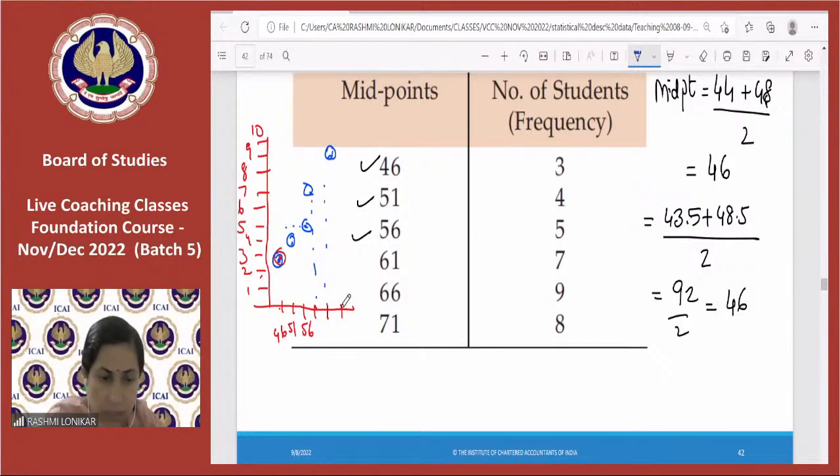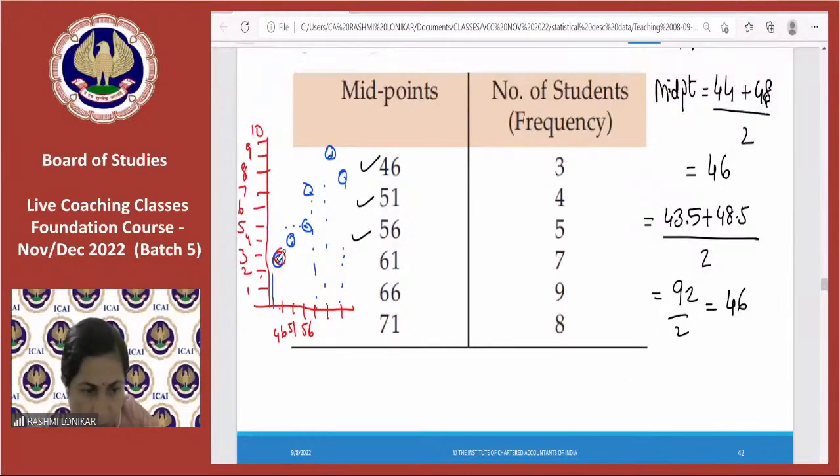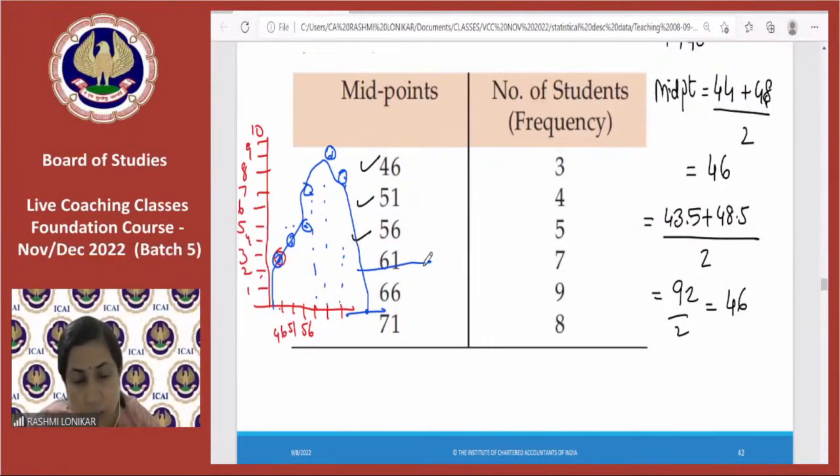And for 71, it is 8. So what will happen over here is, from the x-axis, I join these points and then bring it back to the x-axis, and this is your frequency polygon.